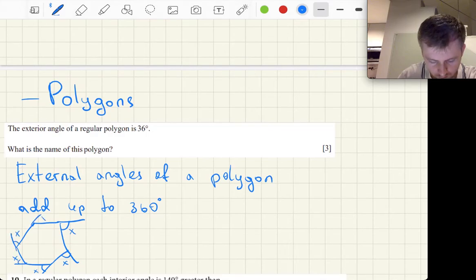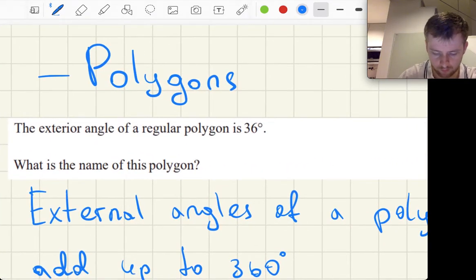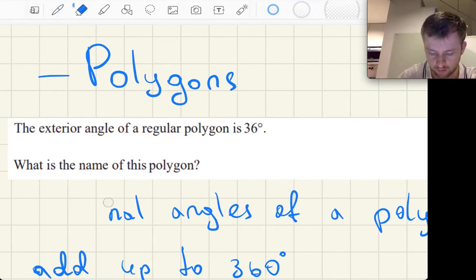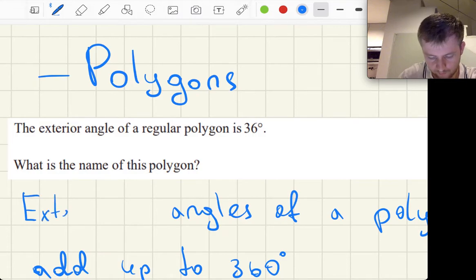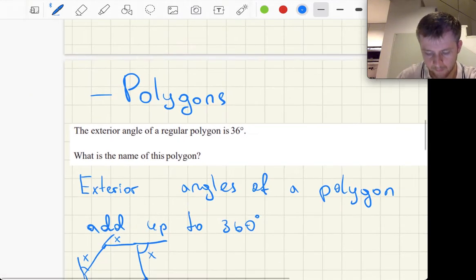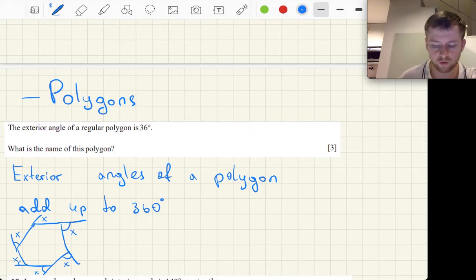And all of them together always add up to 360 degrees. You will see both of these words, external and exterior. I'll just write exterior here, just in case. So let's use the official term: exterior angles of a polygon add up to 360 degrees.